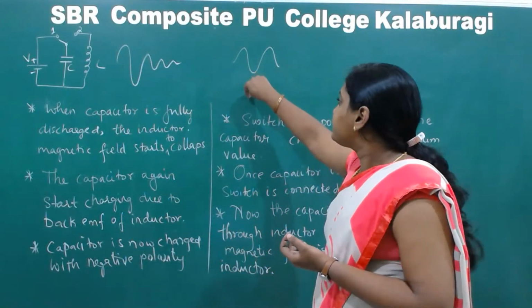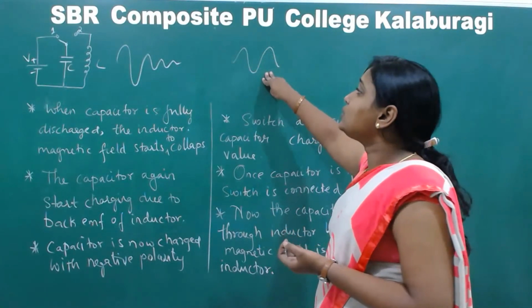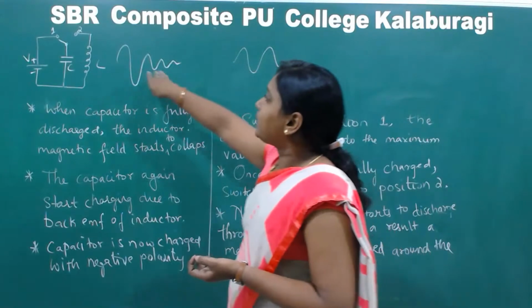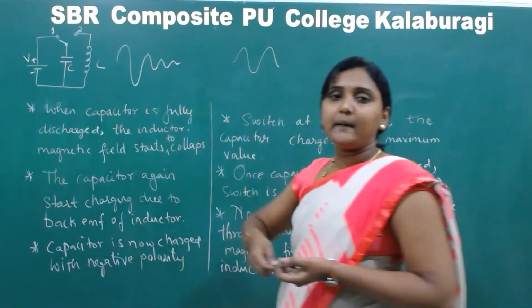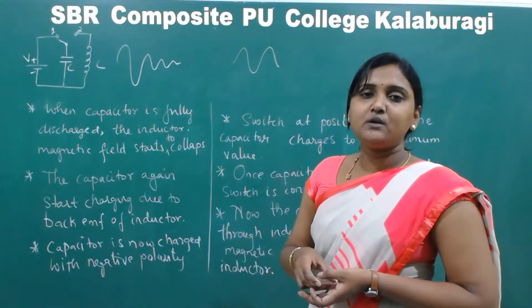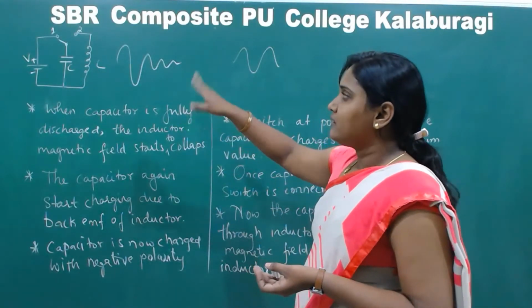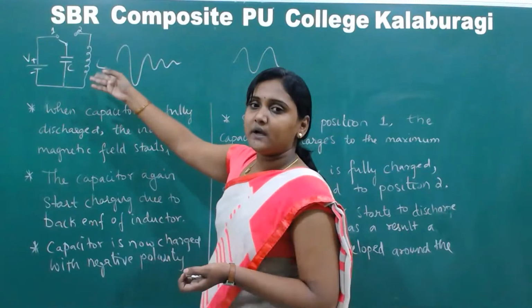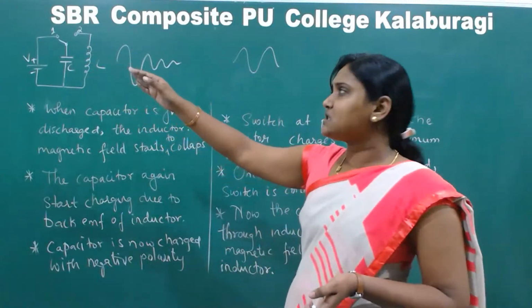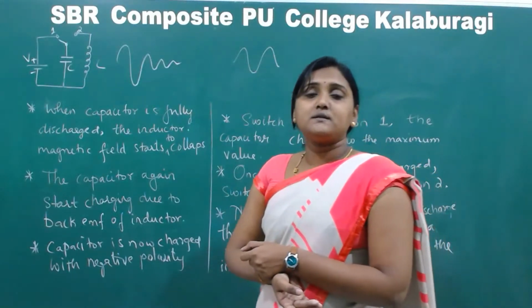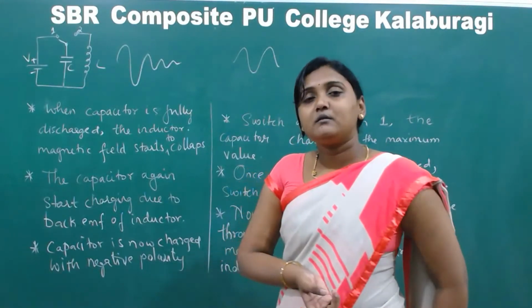But the drawback is it is going to be damped. As the process is continuous charging and discharging, at some point the value is going to reduce. Otherwise, the signal generated is going to be reduced.